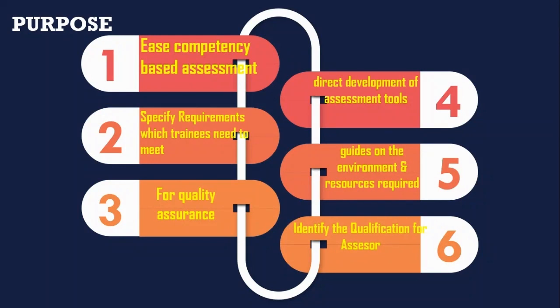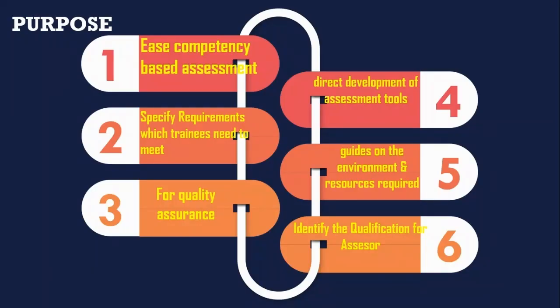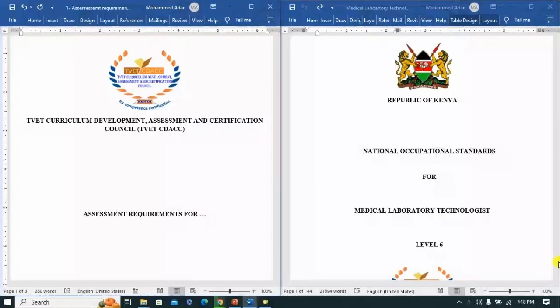So as assessors, what are these requirements that we need to meet before we conduct any assessments? So those requirements are also addressed in these documents. And therefore, because there are many other purposes on why we develop assessment requirements. So let's populate the assessment requirement.